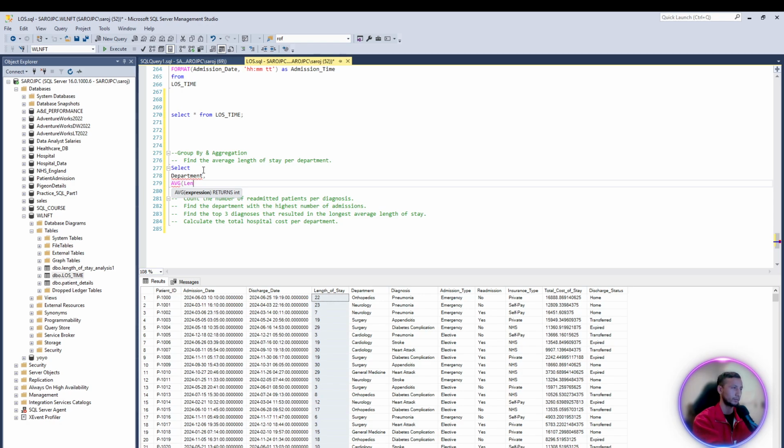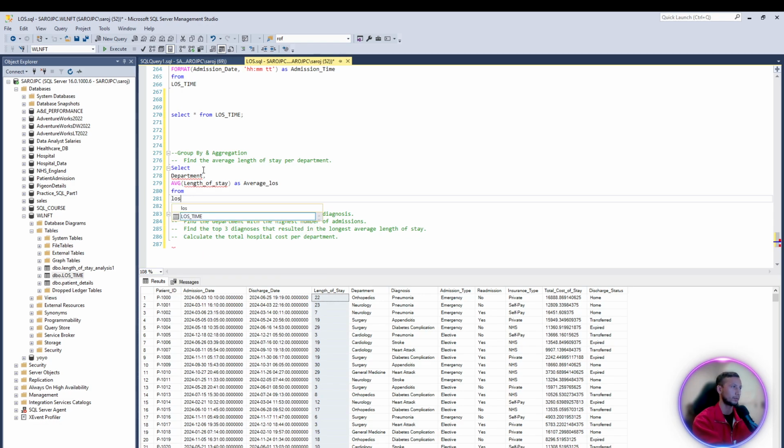Average length of stay as average length of stay, from our table name, length of stay time, ls underscore time. This is our table name.